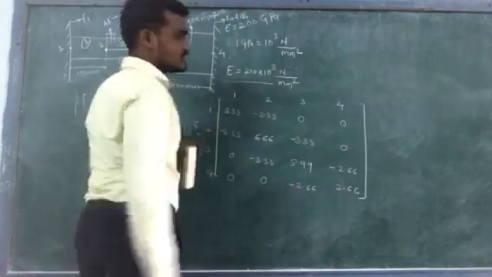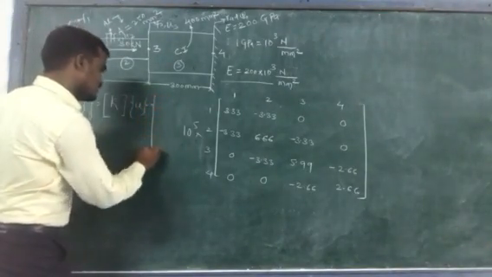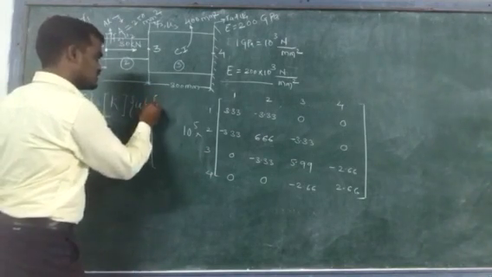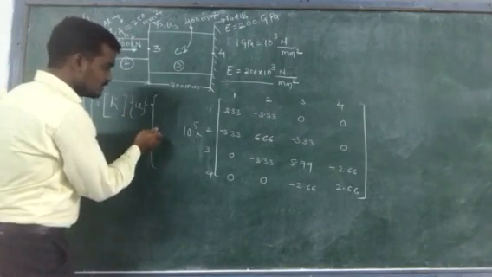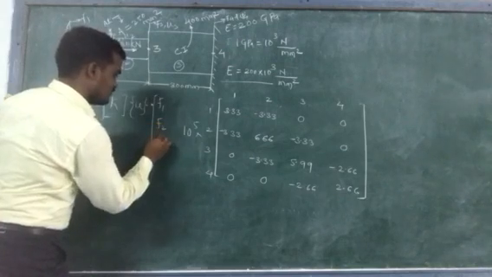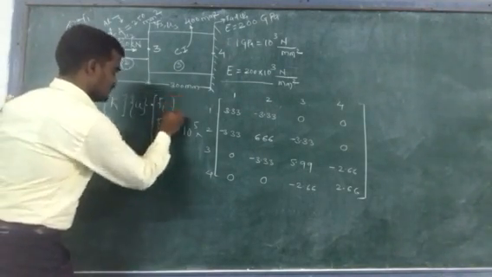These are the nodal forces and nodal displacements. In a similar way as we applied this step for the spring system, we can apply the same step for this bar system. So it will become F1, F2, F3 and F4.